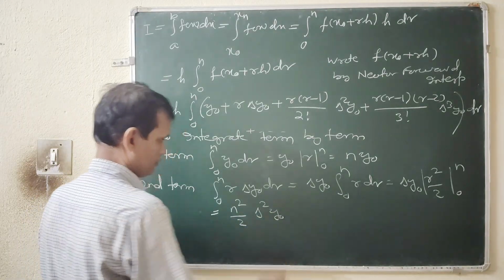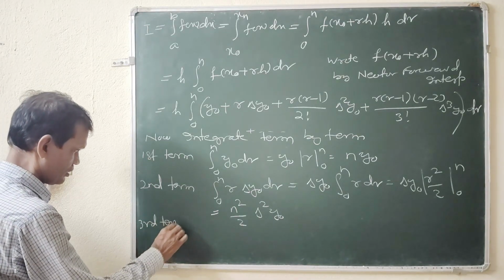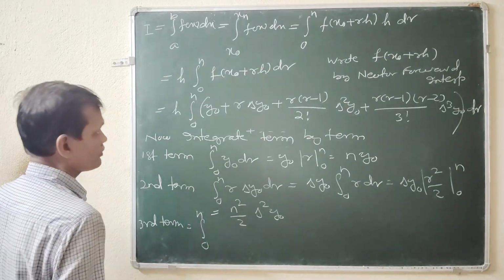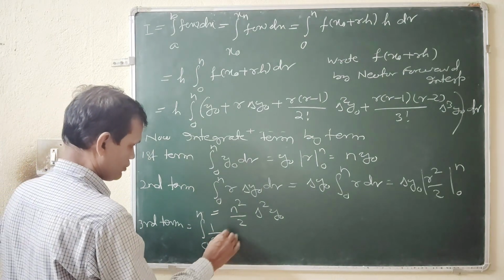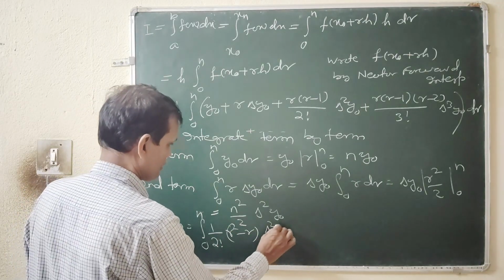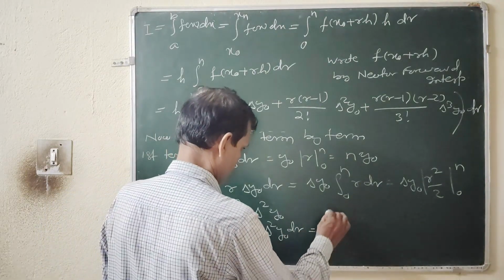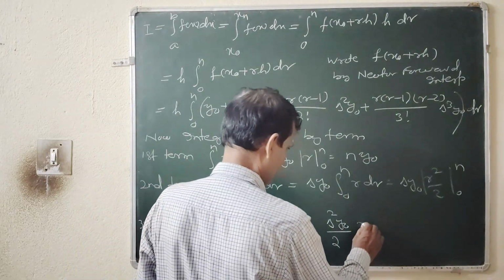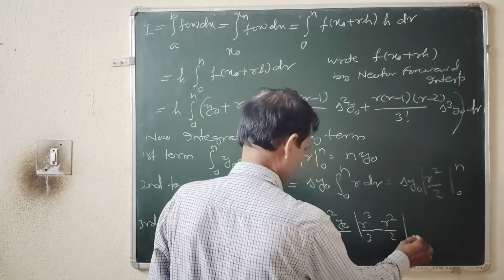Then the third term, integration 0 to n, 1 by 2 factorial r square minus r delta square y0 dr, that equals delta square y0 by 2 times r cube by 3 minus r square by 2, limit 0 to n.